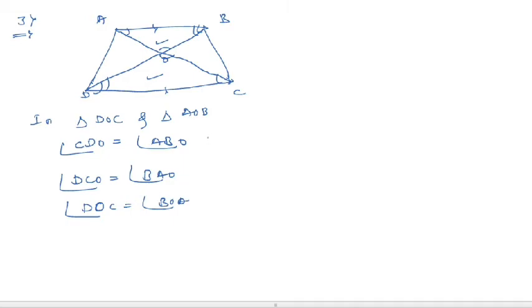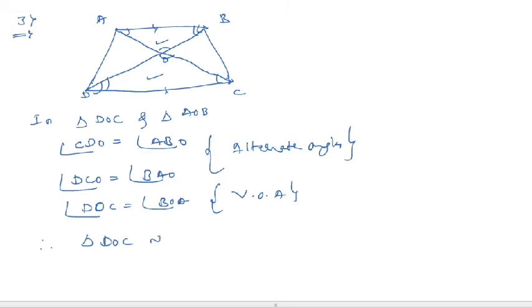The reason for the first two is alternate angles. The reason for this one is vertically opposite angles. Therefore, triangle DOC is similar to triangle BOA, according to AAA criteria.